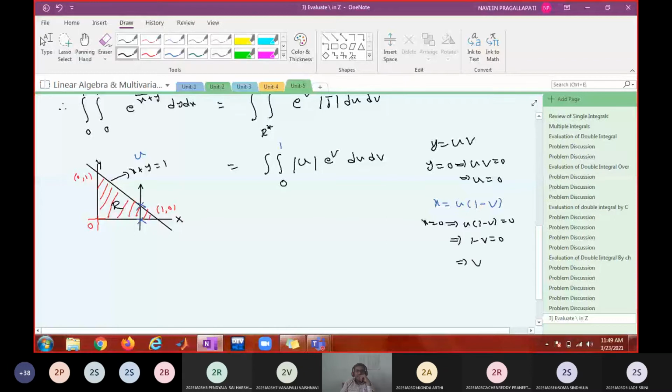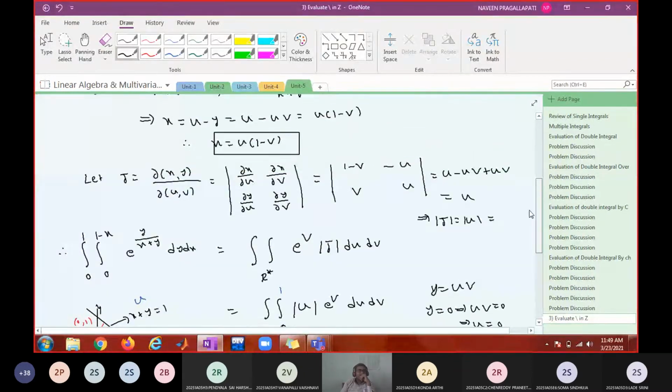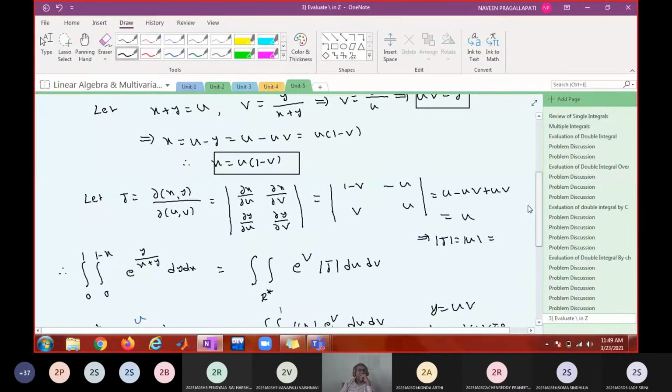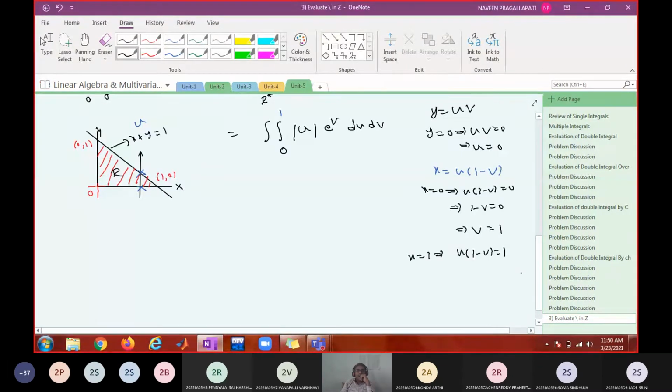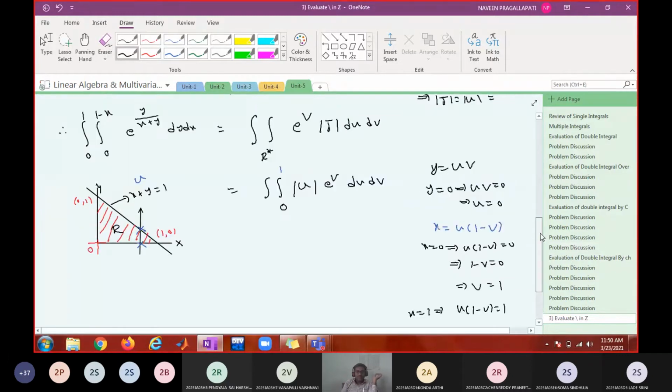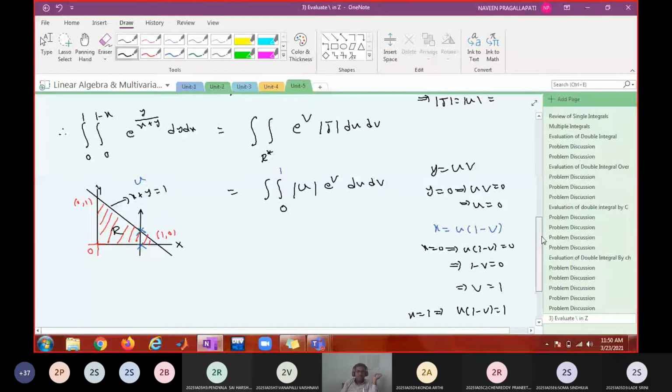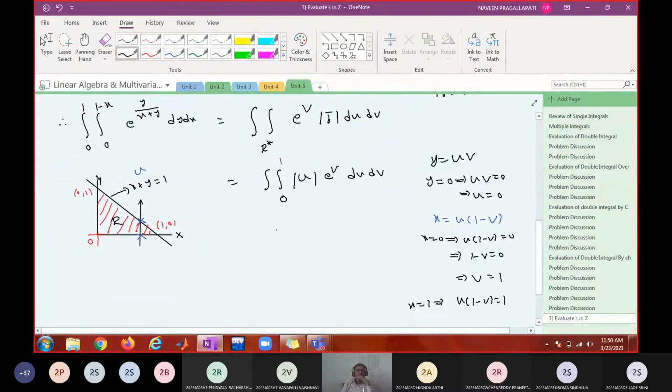That means v equal to 1. And x equal to 1 means u into 1 minus v equal to 1. Any suggestions?